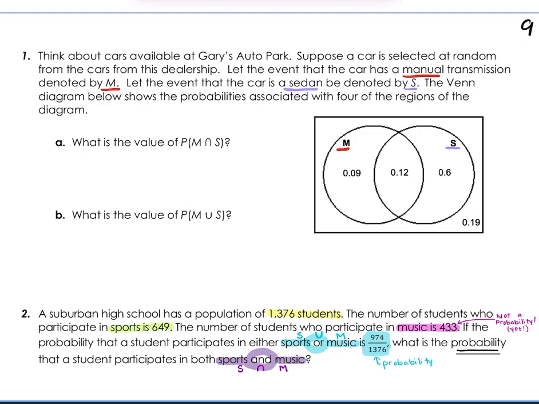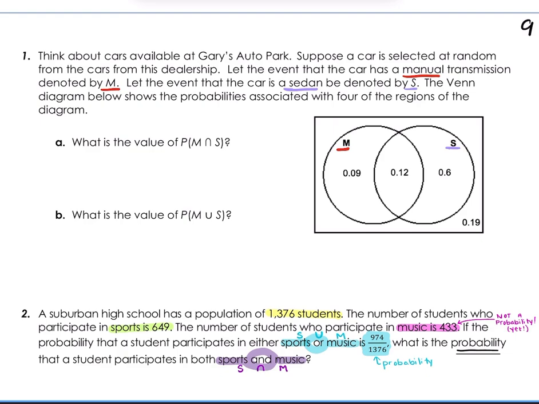Think about cars available at Gary's Auto Park. Suppose a car is selected at random from the cars at this dealership. Let the event that the car has a manual transmission be denoted by M, so that's going to be in this left circle. And let the event that the car is a sedan be denoted by S, so that is this right circle.